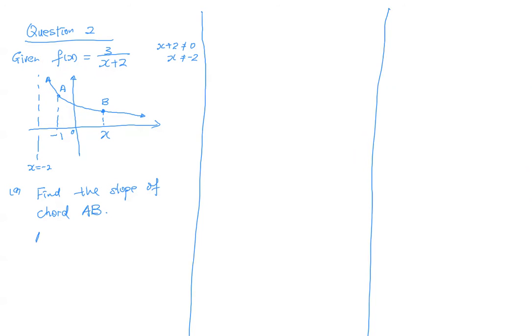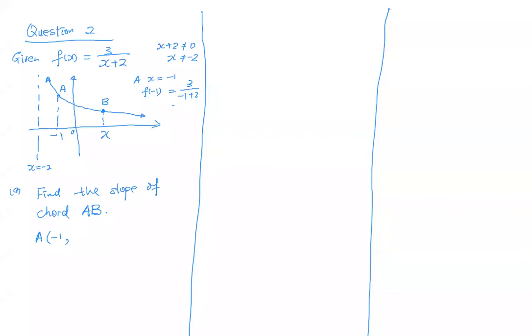Okay, the x coordinate of A is -1. What is the y coordinate for A? X equal to -1, f(-1) is 3 over -1 plus 2.